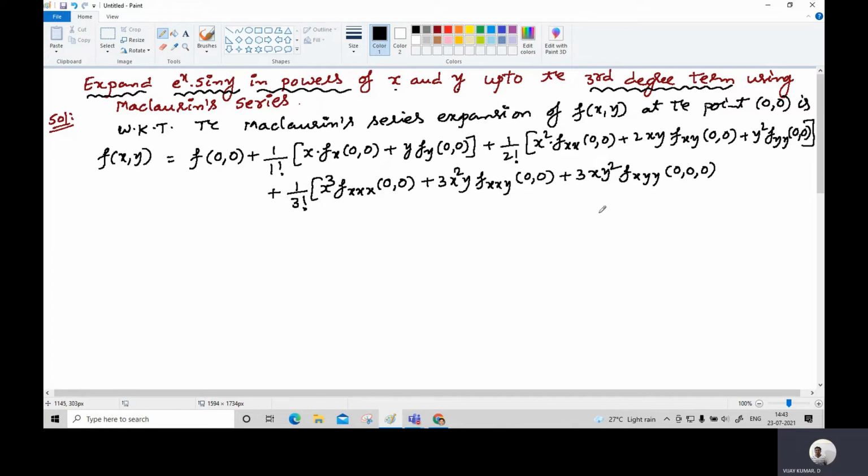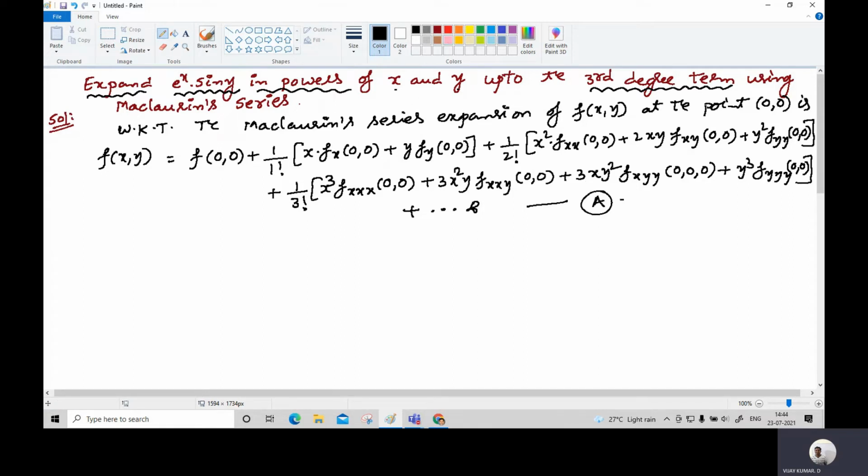Here you have to find the third order partial derivatives also with respect to x and y, plus y cube, the final term is y cube, not y square, into f triple y at origin, close the bracket, plus so on up to an infinite number of terms. Take it as equation number a.